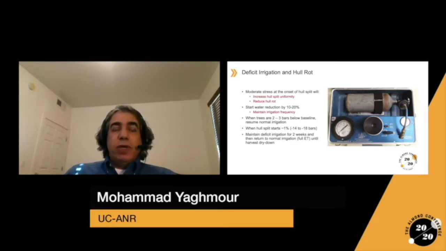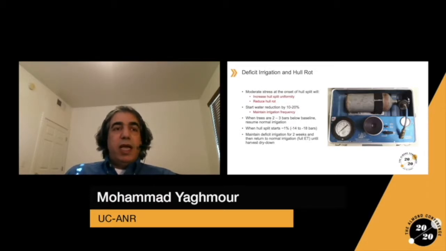That will require the grower to start cutting on the water earlier, and it's advised to start cutting the water by 10 to 20% from the amount applied, but keeping the frequency as is. So if the grower is irrigating 3 times, then the grower will keep irrigating 3 times.